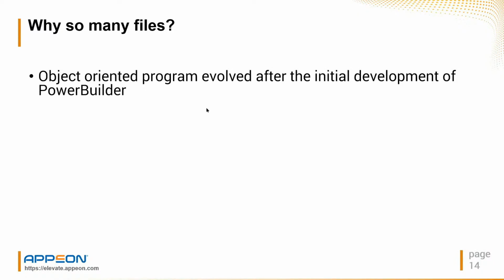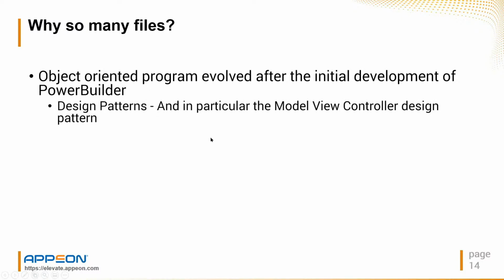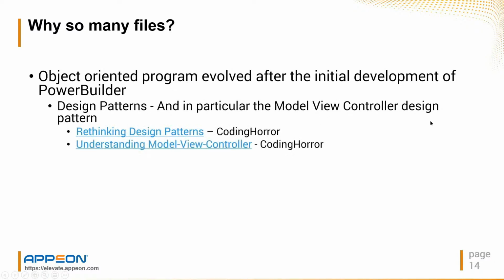When PowerBuilder was first released, or shortly after, there were some concepts on how to do object-oriented programming: encapsulation, inheritance, polymorphism. PowerBuilder implemented that, but as object-oriented design philosophies changed, PowerBuilder didn't change with them, at least not till recently. And so things like design patterns aren't really accounted for, and model view controller is a design pattern. That's where that comes from.